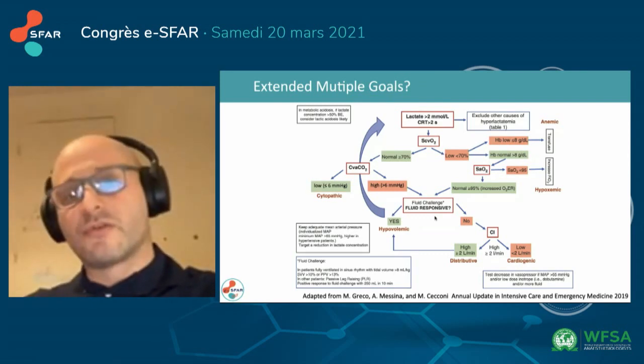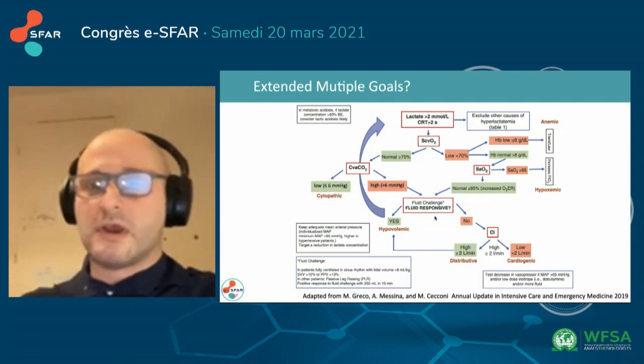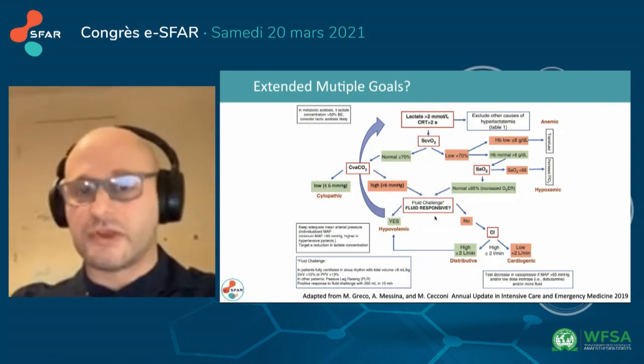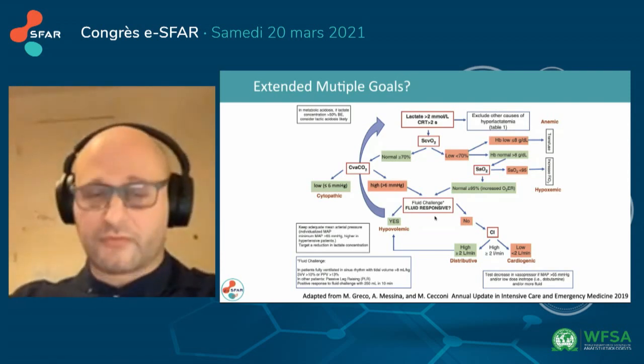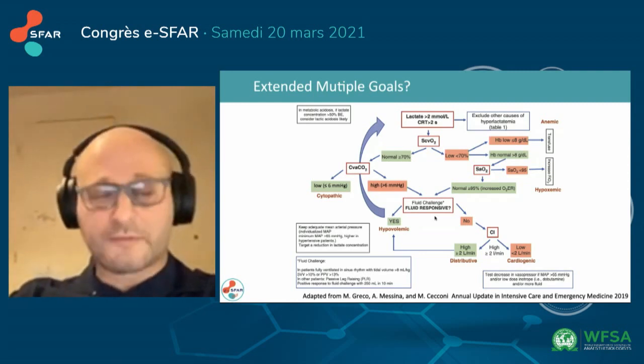When that central line is put in, ScvO2 will arbitrate between being low and asking the questions of enough hemoglobin, enough oxygenation, or enough fluids, if the patient is fluid responsive or not.